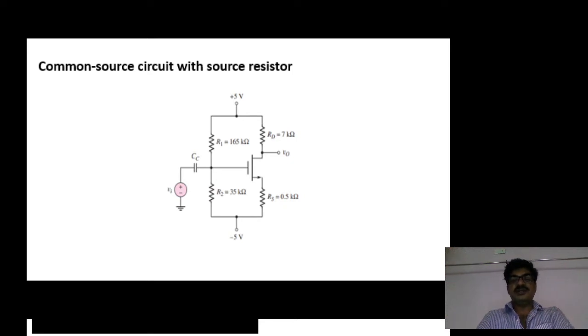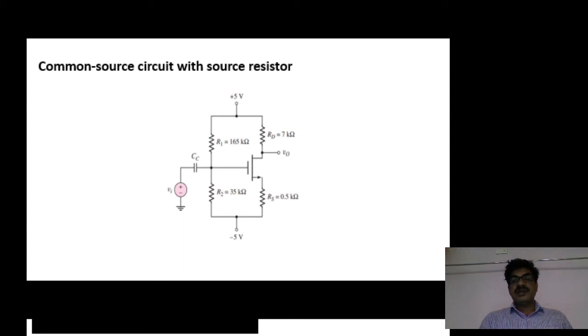The slide represents the common source amplifier with a source resistor. As usual, the MOSFET is for the amplification purpose. R1, R2 and RS provide a biasing circuit with the help of VDD. RD is the load resistor, and it also acts as the current limiting resistor.